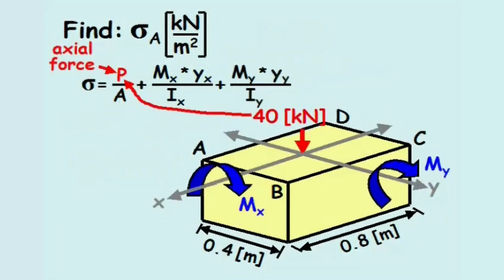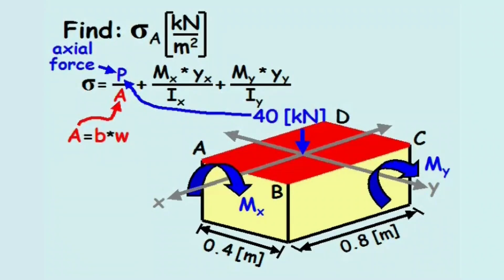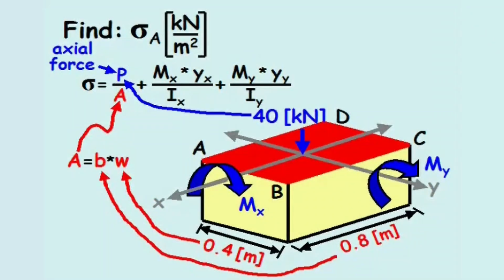In this equation, the axial force, P, is the 40 kilonewton point load applied vertically downward. And the area, A, is the area of rectangle ABCD, which equals 0.8 meters times 0.4 meters, or 0.32 meters squared.